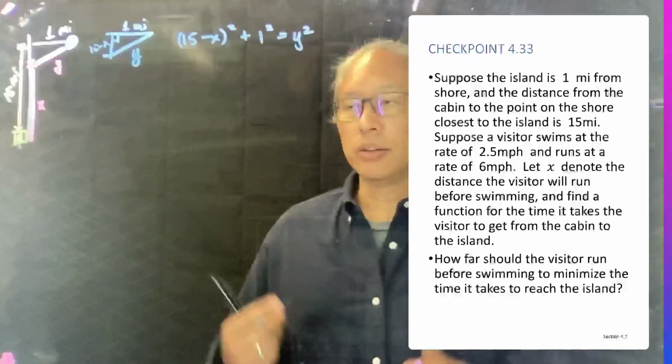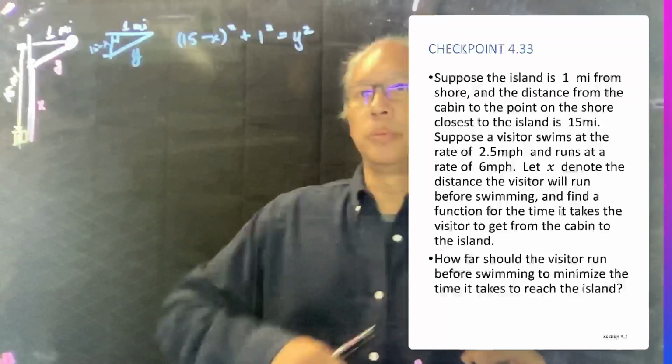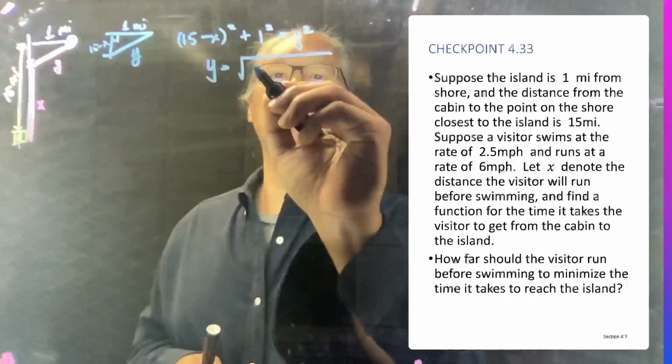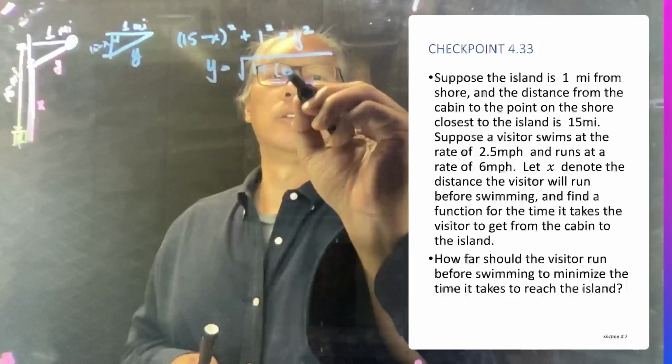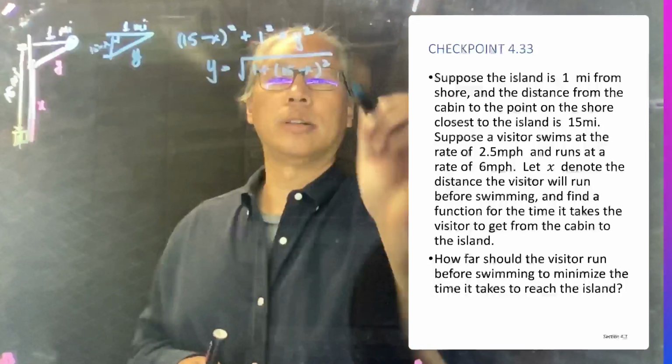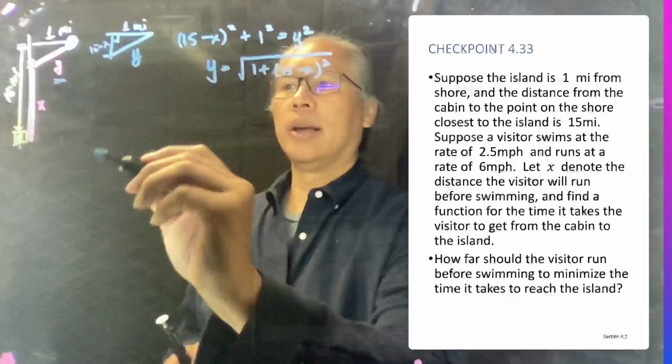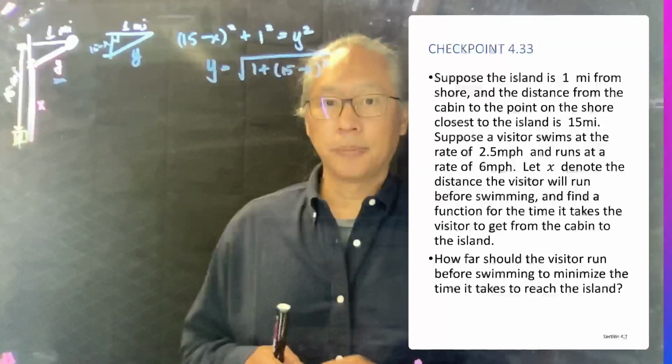So if we want the value of y, y is going to be the square root of that. So let's just rewrite y as the square root of 1 plus 15 minus x quantity squared. So that's that distance y, and we have distance x.